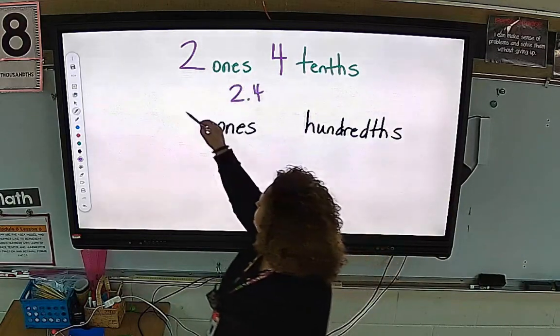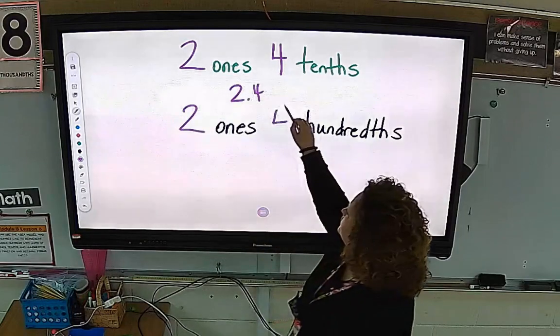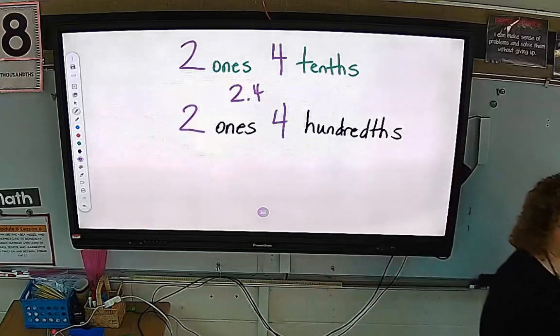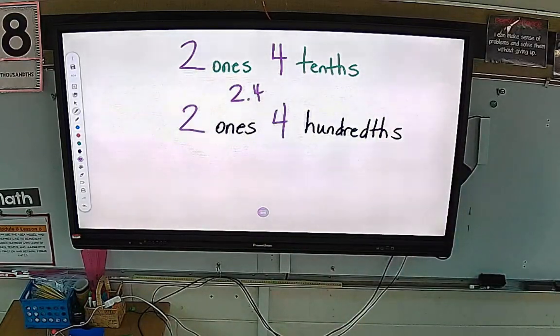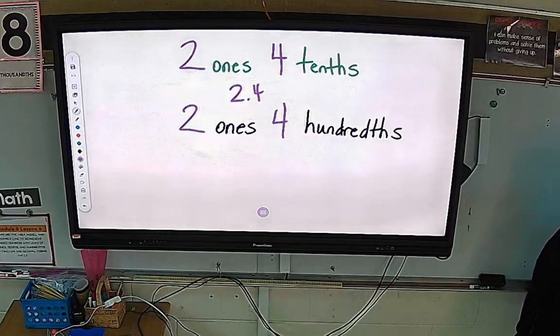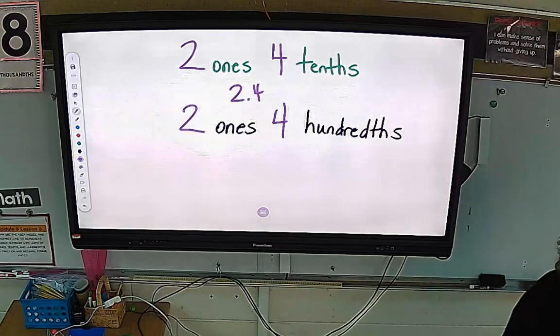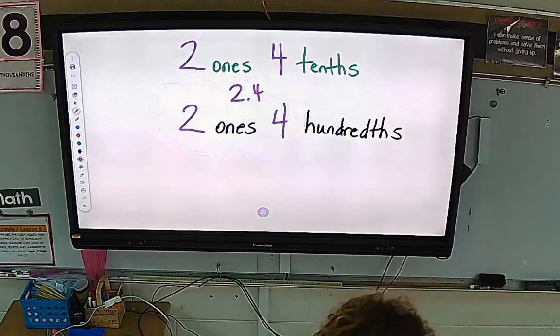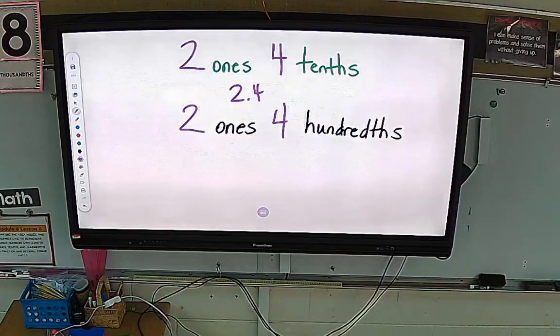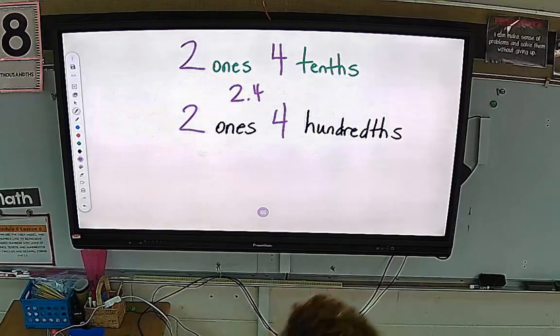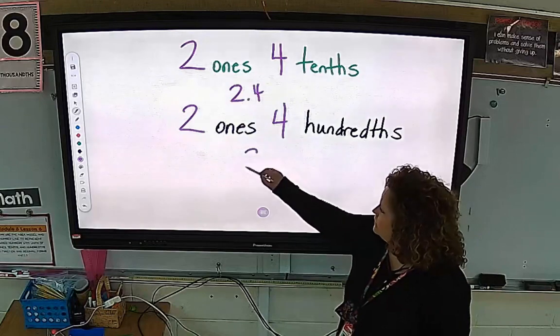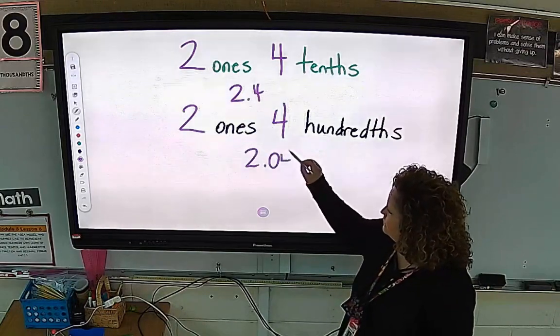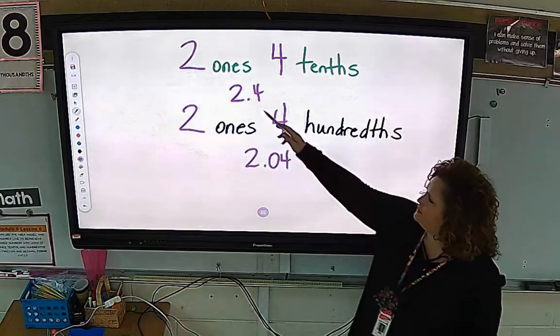Okay, if you have 2 ones and 4 hundredths, what does that look like? Okay, what does that look like? 2.04. Alright, what do both of these look like as fractions?